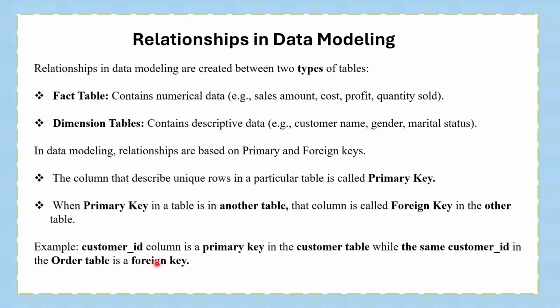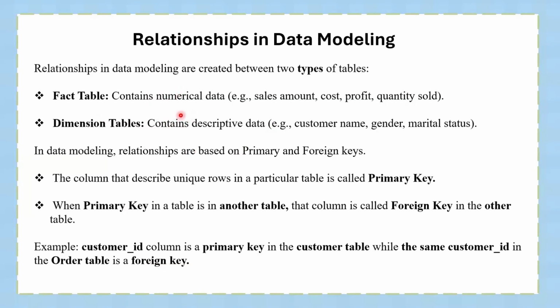So now I have explained what a fact table is, what a dimension table is, and what primary and foreign keys are. Now, just as a recap, your fact table contains numerical data, the dimension table contains descriptive data, and these are the two types of tables that we create relationships between in data modeling.